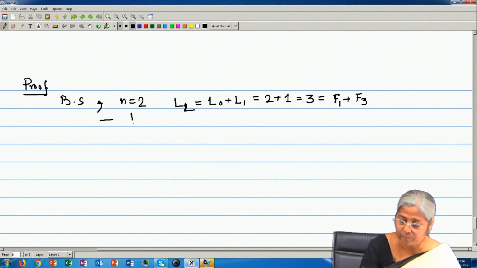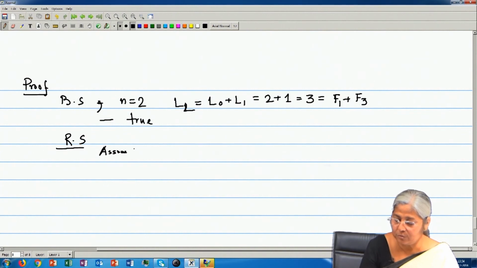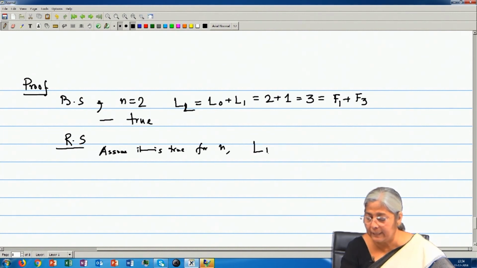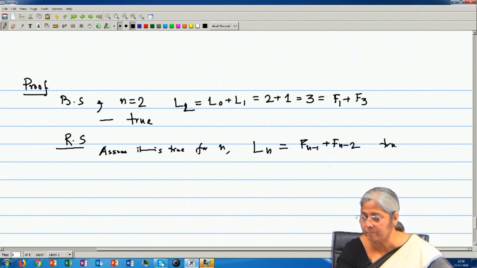So, it is true. And for the recursive step, assume it is true for n, so L n equals f n minus 1 plus f n plus 1, true.